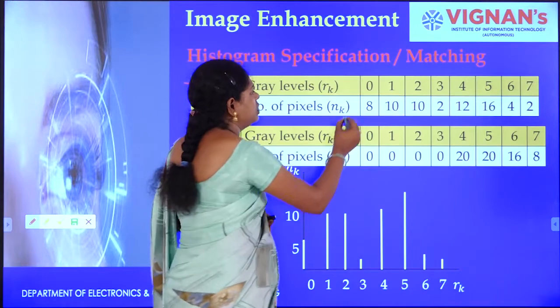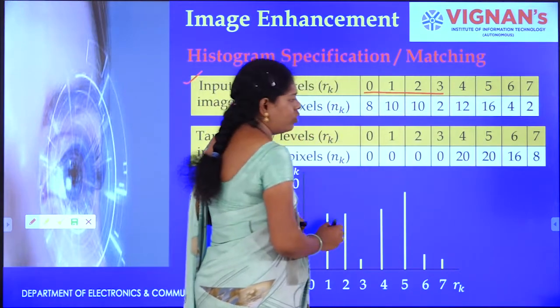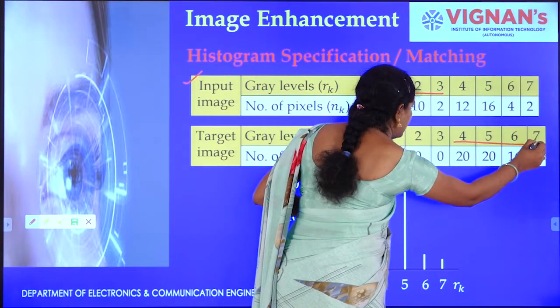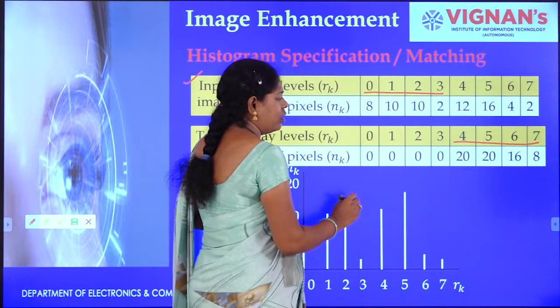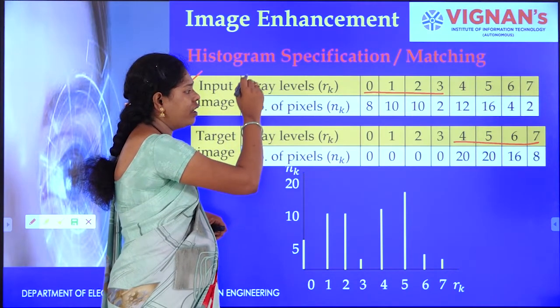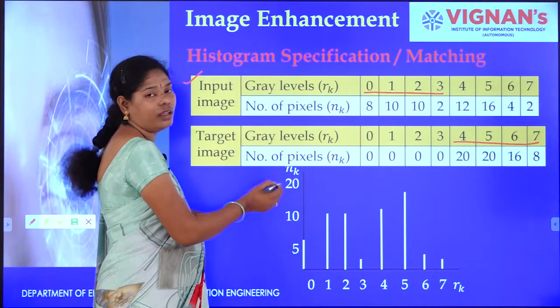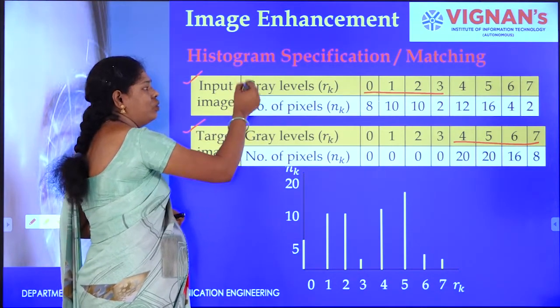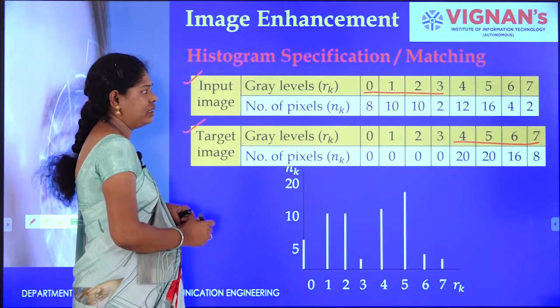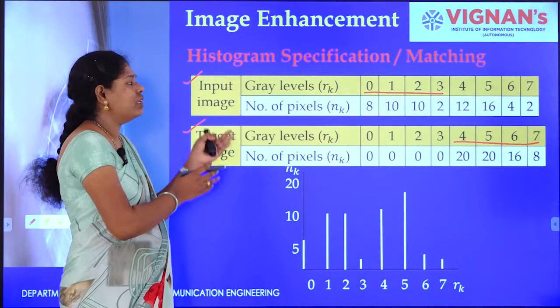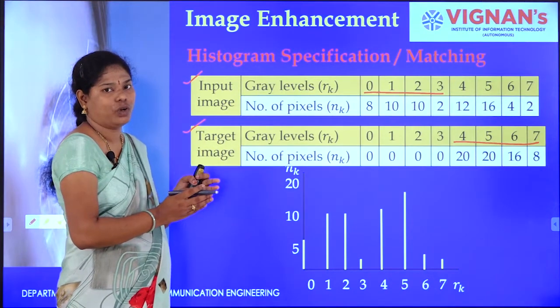We do not want these intensity values in the output image; we need only these intensity values. That is the target image. Now, we require this image from that original image. How can we get it? Same as equalization, we go for a mapping process.